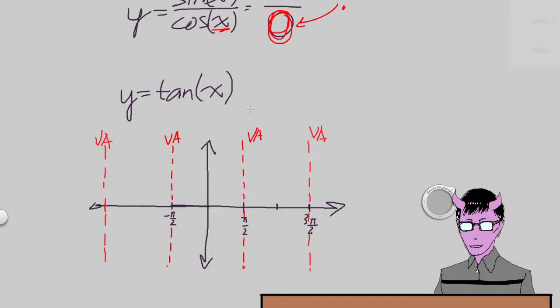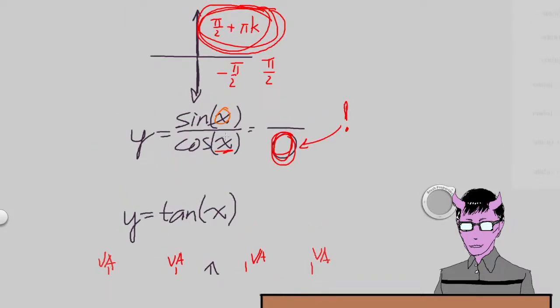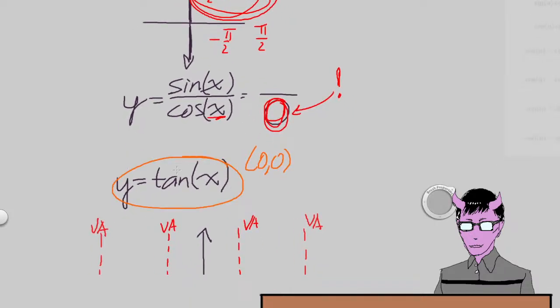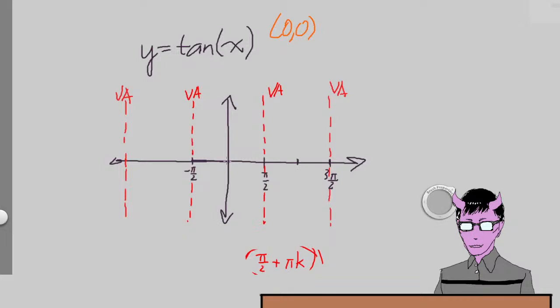One point that's very easy to do is 0, 0, because we can input 0, and 0 is valid within the cosine function, but then 0 for the sine function, that's an inner quadrant angle right here, opposite is 0. So 0, 0 is a standard default point on our parent function tangent of x, which is right here.